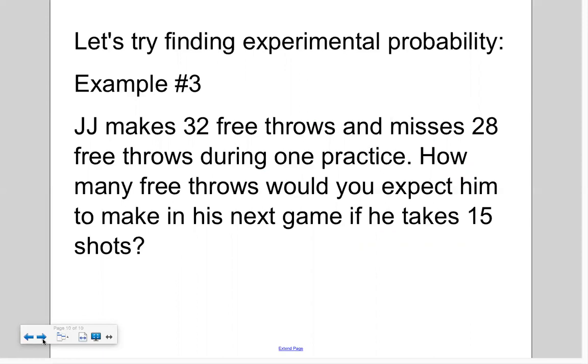He makes 32 and misses 28. Our favorable outcome is 32. Our sample space is the total number of free throws, so we add 32 and 28, which is 60. So 32 out of 60.